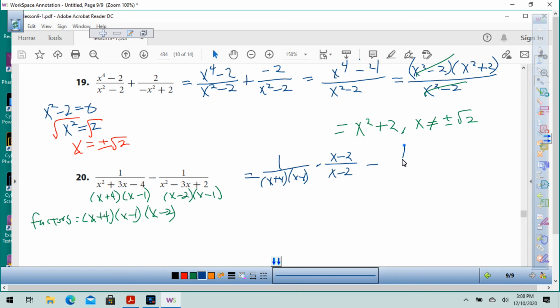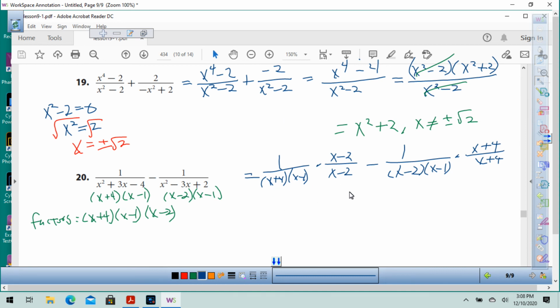Minus, and then I got 1 over, wait for it, x minus 2 times x minus 1. And this is missing the x plus 4, so I'm going to times that by x plus 4 over x plus 4. Isn't that cool?